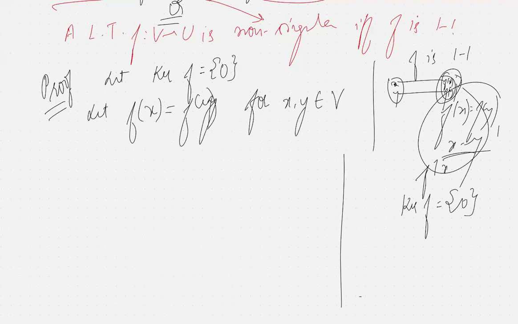That is, if x belongs to kernel f, then f of x would be equal to 0, and 0 belongs to kernel f.